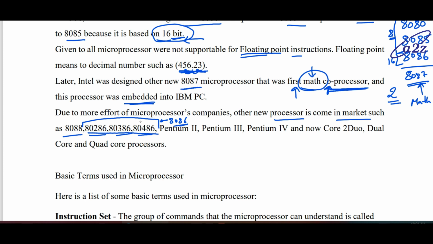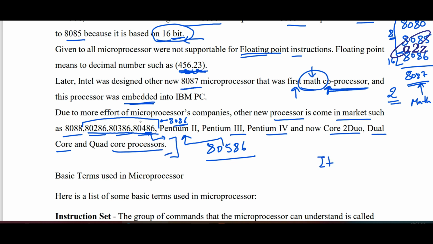After 486, the next will be 80586, and this is known as Pentium. This is known as Pentium 2, or we can say that 486 is the Pentium 1. Then Pentium 3, P3, P4, Core 2 Duo, Dual Core, Quad Core processors. These are the basic processors. After these quad core processors, we have the Itanium series.